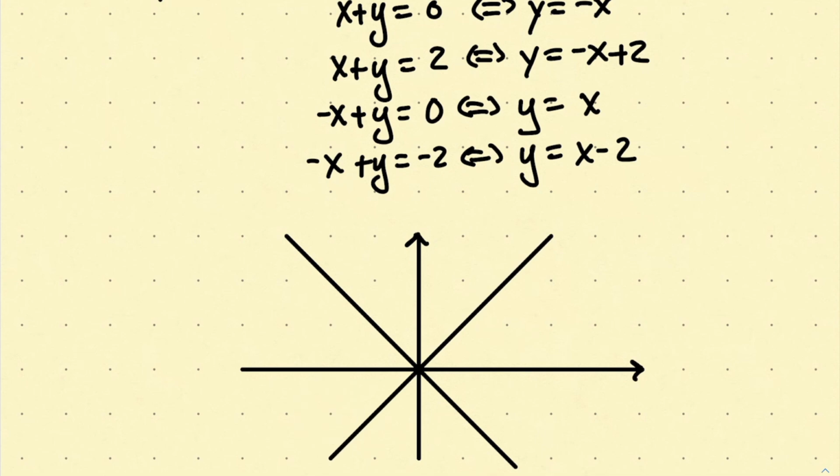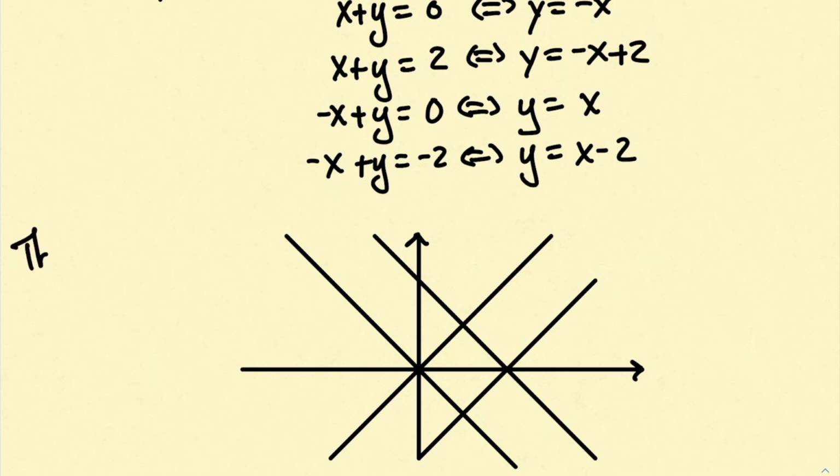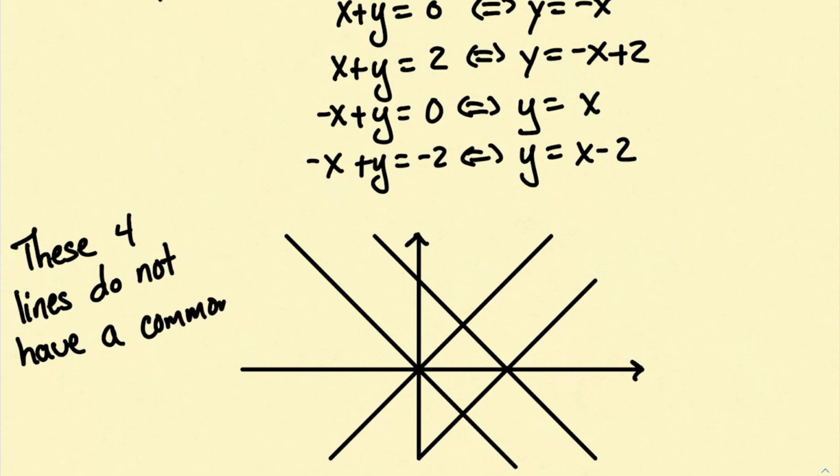The second equation gives us a line parallel to the first equation that passes through 0, 2. And our fourth equation gives us a line parallel to the third equation that passes through -2 on the y-axis. So we can see from the picture here that while some of these lines do intersect, there is no common point of intersection for all 4 of them.